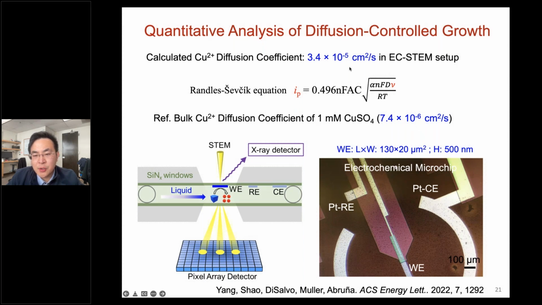This was also earlier reported by Raymond Unocic from Oak Ridge. We are seeing a similar diffusion coefficient for copper in the solution. So this really suggests that we do have a well-defined diffusion control behavior in the liquid cell system.